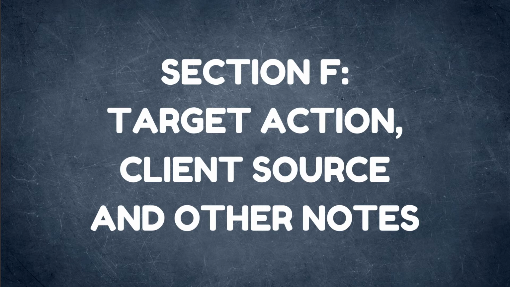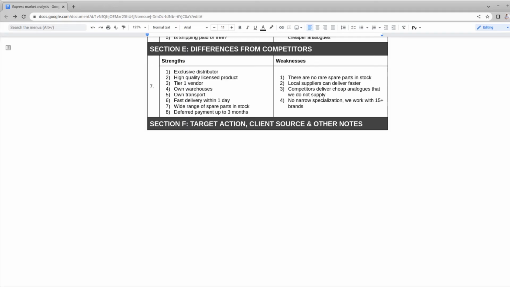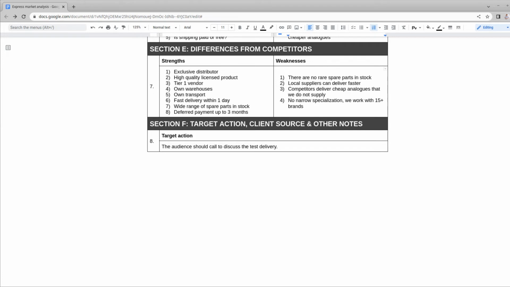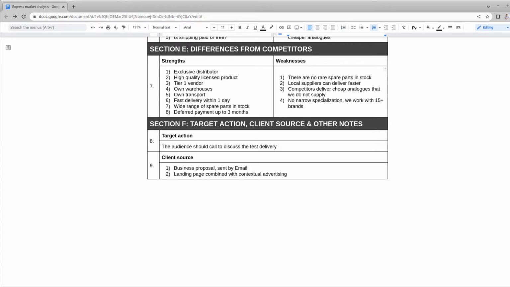Section F. Target action, client source, and other notes. The final section of the marketing analysis contains information that completes the big picture and allows us to develop a final concept for the copy. This section contains several blocks. The first block describes the target action, or what we want our audience to do after reading the text. The second block is about the client source.